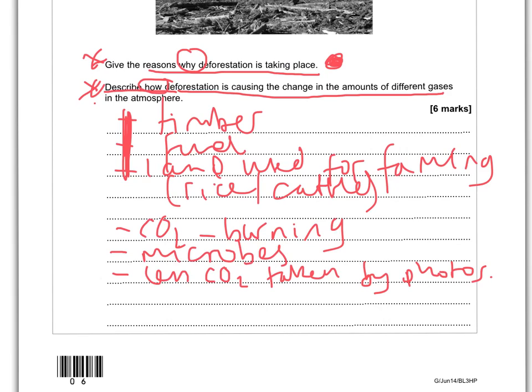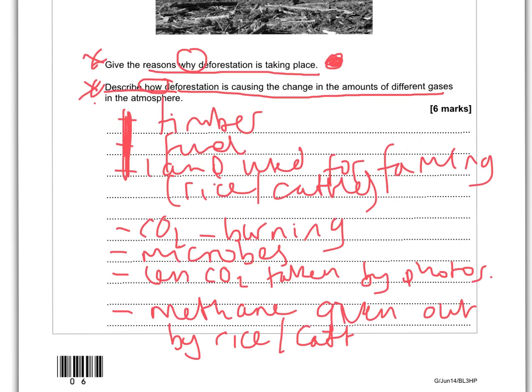And you can also mention that there's an increase in methane, which is a greenhouse gas, and that's due to when you grow rice fields, they give out methane, and cattle also give out methane. Now watch me go over the borders here. I'm not meant to do this. Methane given out by rice or cattle. Okay, so 3 marks for the second part. Carbon dioxide produced by combustion or burning.